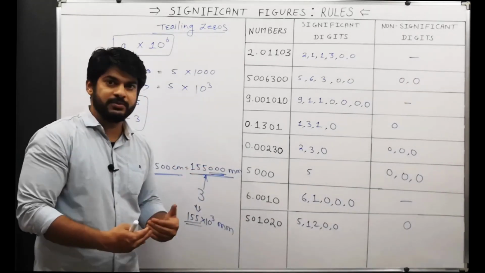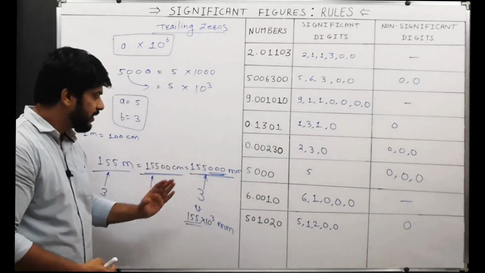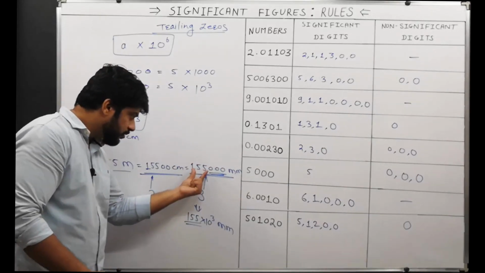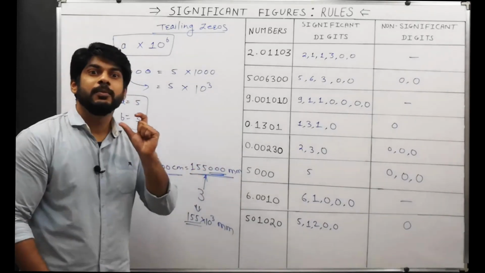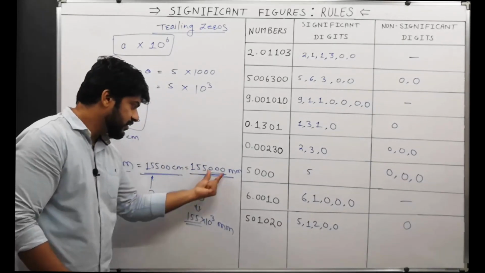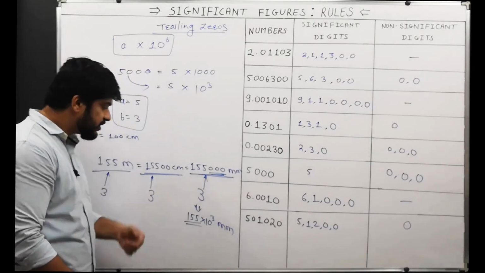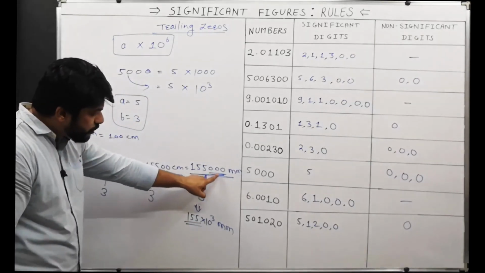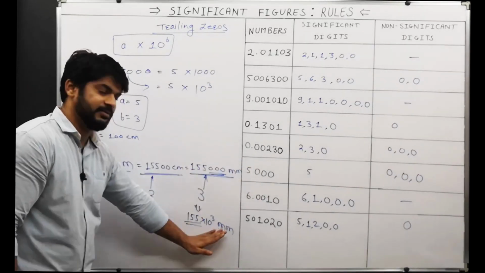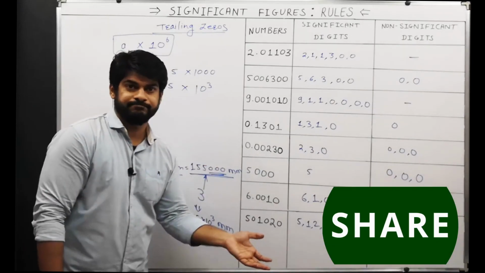Precision comes when there is a decimal point, so there is no question of precision. But there is the question of magnitude. So this 155 talks about the magnitude, and these 3 zeros can be represented by 10 raised to 3. That is why these 3 zeros are considered non-significant: they are irrelevant when we talk about the information.